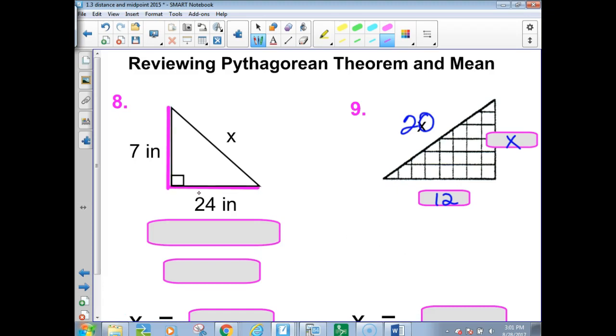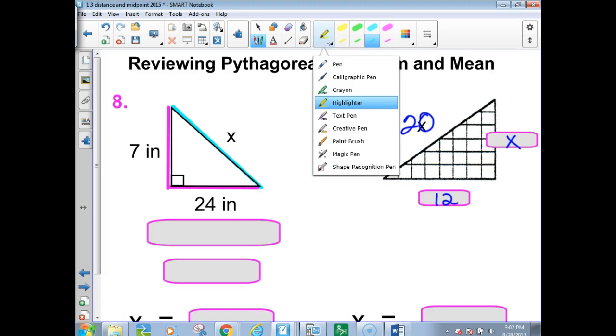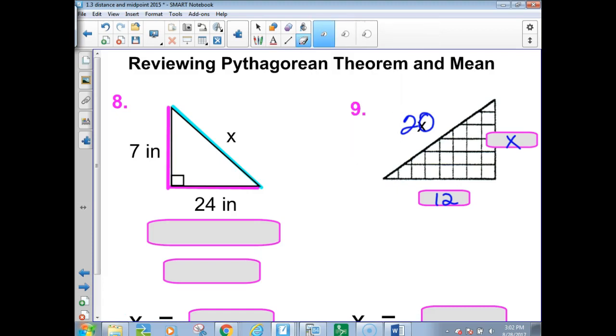So in this particular one, the legs are the 7 and the 24. The hypotenuse is always the long side. Actually, I don't want to make it blue, because I'm going to use blue to mean something else in a couple of minutes.